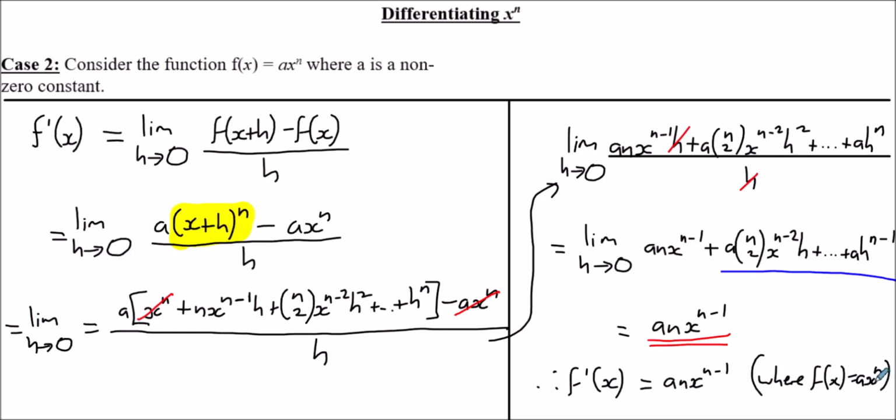So once again, the constant term just multiplies through and remains unchanged. The power of x gets brought to the front, and then the power of x gets reduced by 1. So very similar to what we had originally, where it was just f of x equals x to the power n. So we're now going to use these results in some examples together.